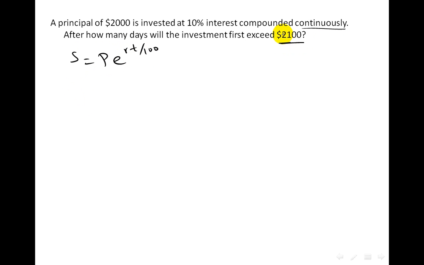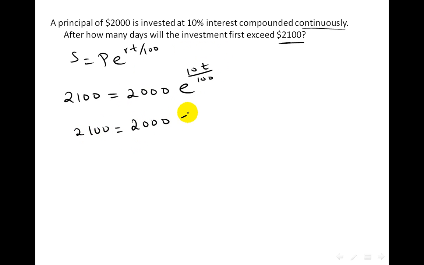Our value is 2,100. The principal is 2,000. The rate is 10%. I don't know the time because it's asking you after how many days. So take the time as t divided by 100. So 10 divided by 100 will give you 0.1 times t.